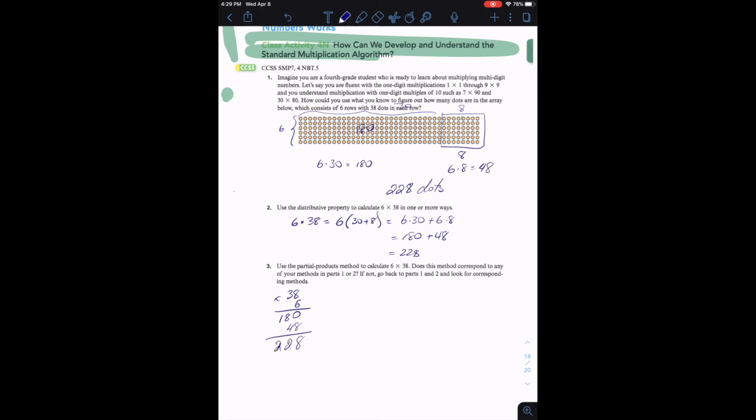So there is our partial products strategy. Notice that all three of these strategies, whether we're looking at partial products and looking at 180 and 48, or the distributive property where we get 180 and 48, or the visual array, looking at 180 or 48, all show that connection quite readily.